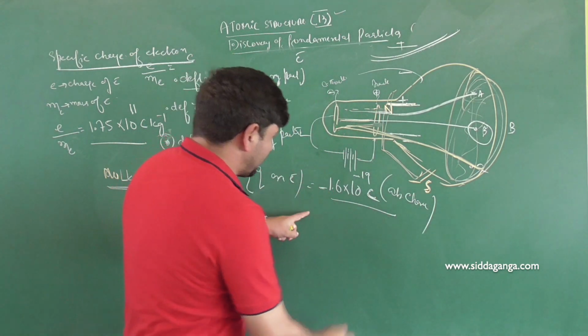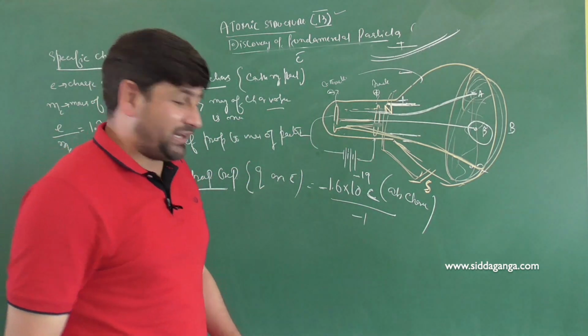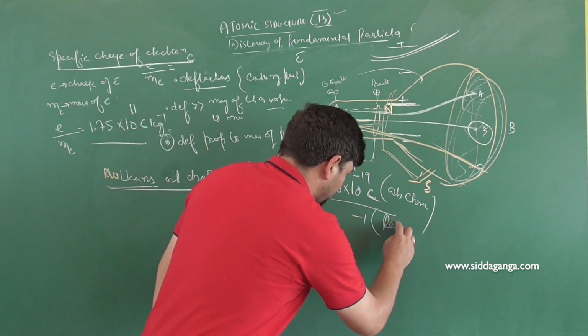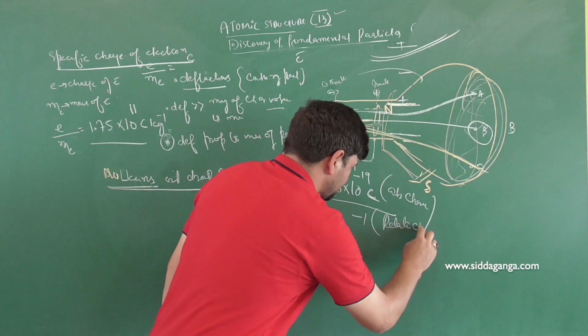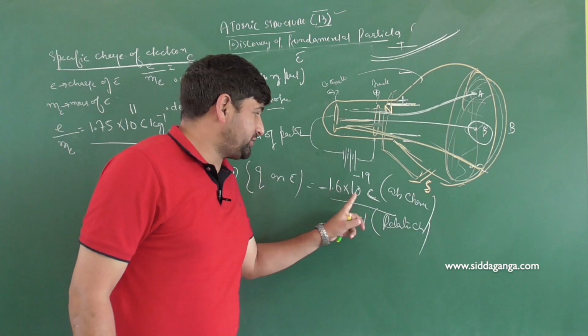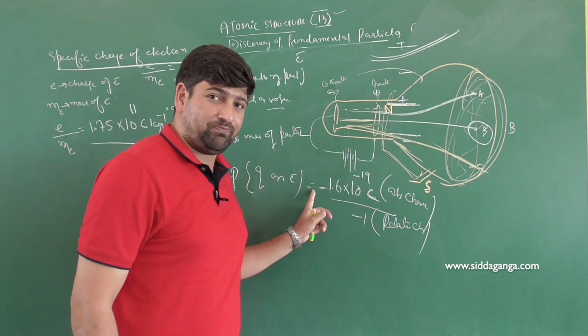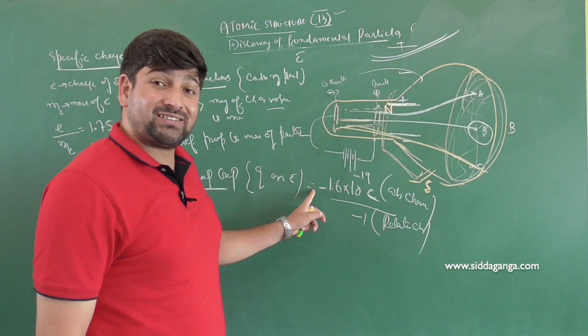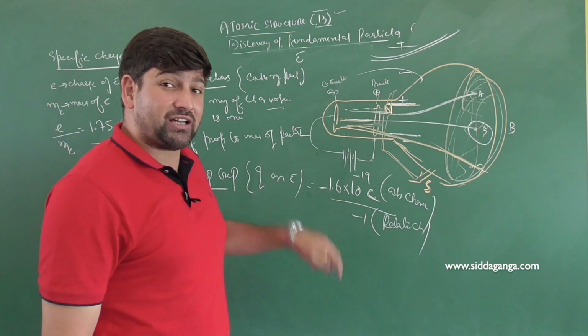And when we write the charge of electron in an atom as minus 1, we are talking about relative charge. Now it is obvious, actual value of the charge of electron is 1.6 into 10 to the power minus 19 coulomb, negative. Now because atom is electrically neutral, what will be the charge of a proton?